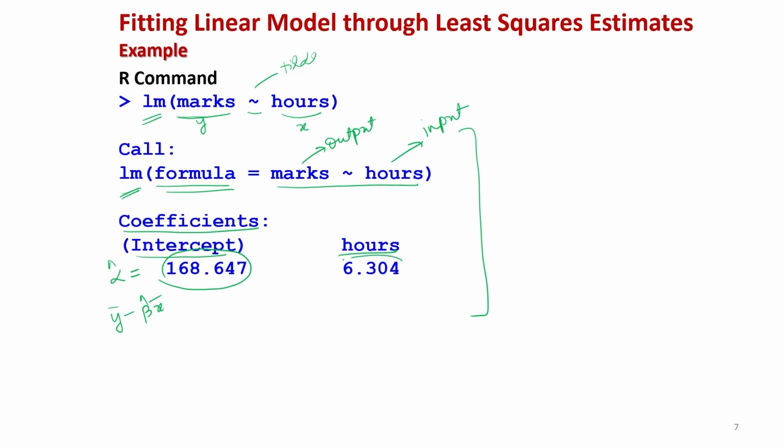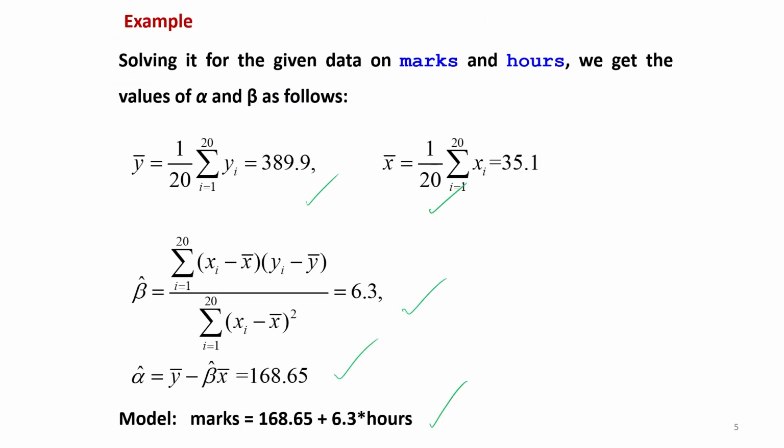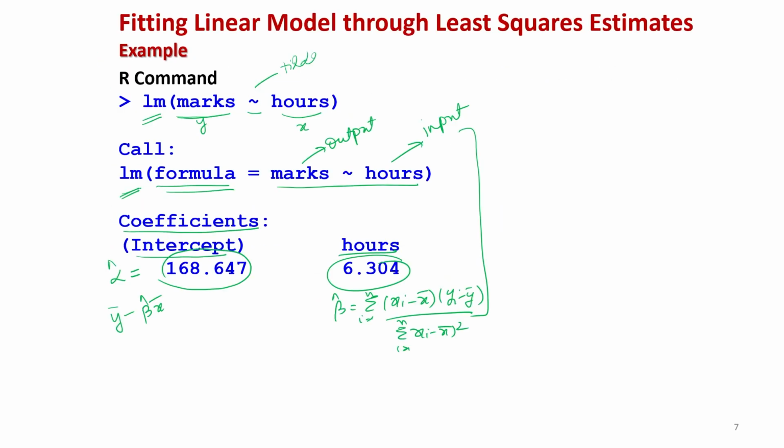Beta hat is obtained as the summation of xi minus x bar times yi minus y bar, upon the summation of xi minus x bar whole squared, with i going from 1 to n. You can see that in your earlier case also, alpha was 168.65 and beta hat was 6.3.